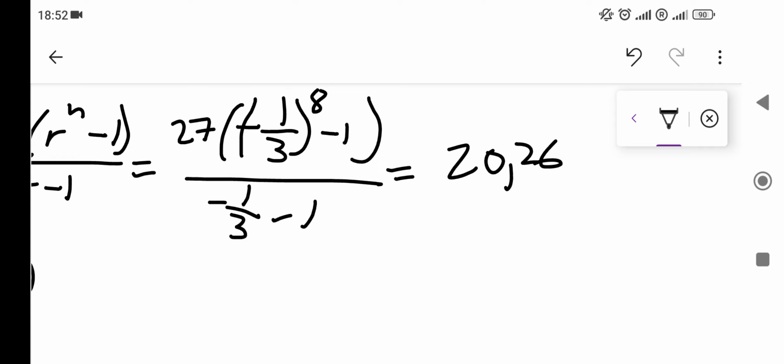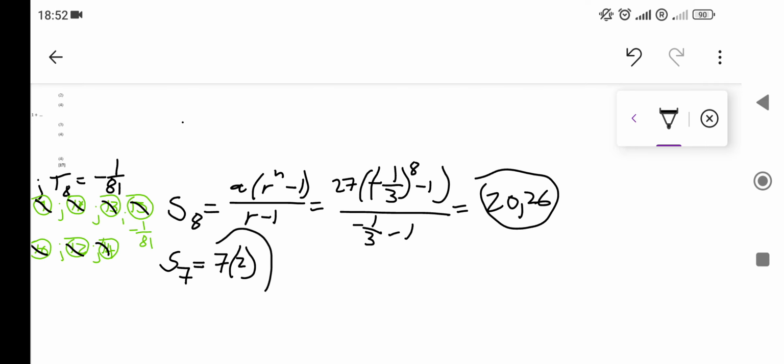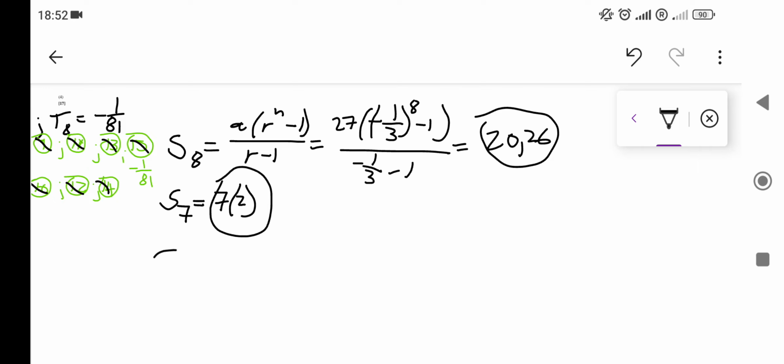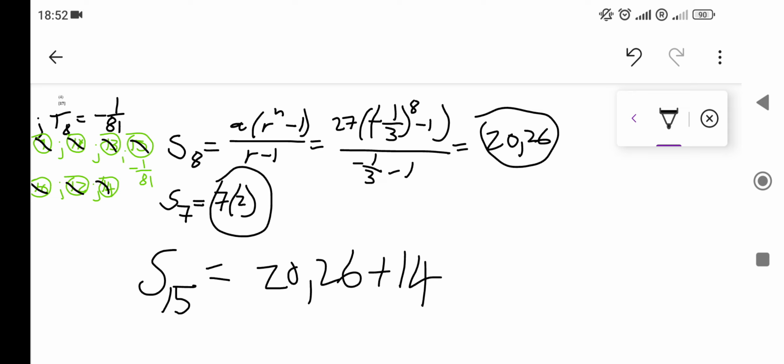Okay, don't forget that this value now needs to be added to this value over here. So if we answer the question which asks for the sum of the 15 terms, we are going to say the 20,26, and we are going to add our 14, and that will give us 34,25.